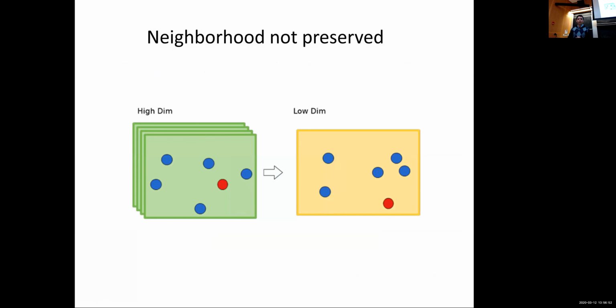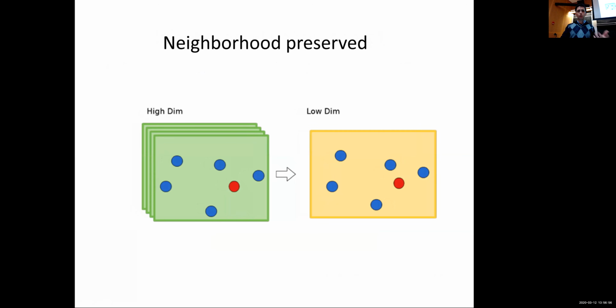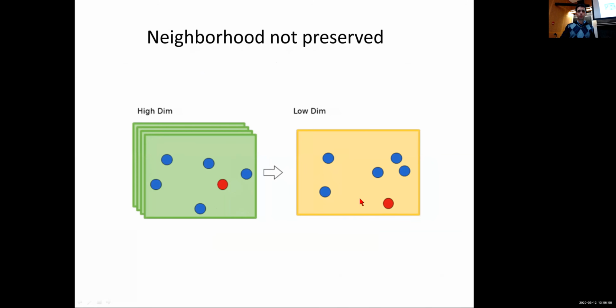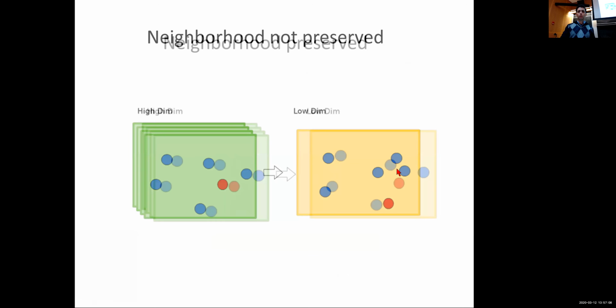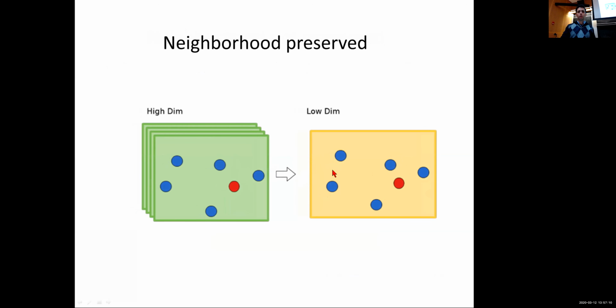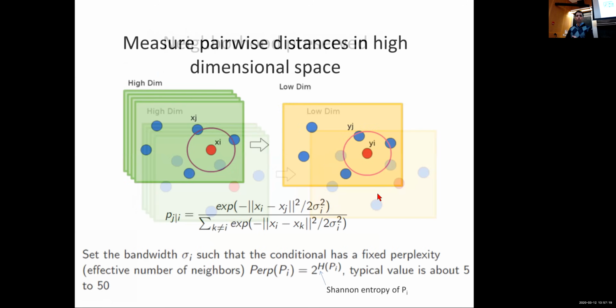So the way that we're going to do it is by preserving the neighborhood. For example, in this particular case, this red point is near these three blue points. In this particular case, this red point is not near these three blue points. So I've kind of broken that neighborhood, and I don't want that. What I want is to actually preserve the neighborhood. Even though I'm mapping from this high dimensional space to this low dimensional space, I want to preserve the overall relationships between these points. So how am I going to do that?